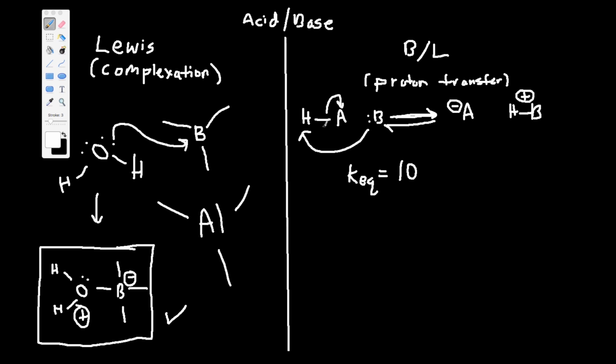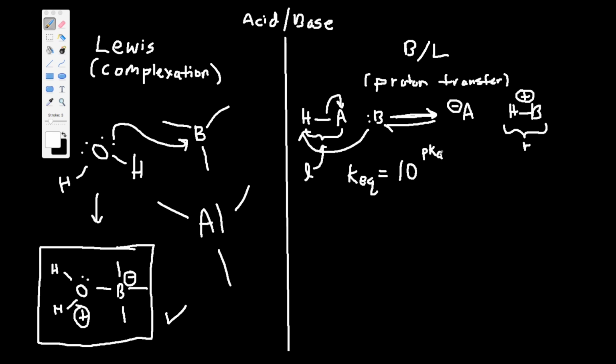The KEQ of this is 10 to the power of the conjugate acid's pKa, so that would be this. So I'll say pKa, I'll call this R for the right side of the reaction. And over here, I'll call this L for the left side. Here, I'll just write the L down here so you could see it better.